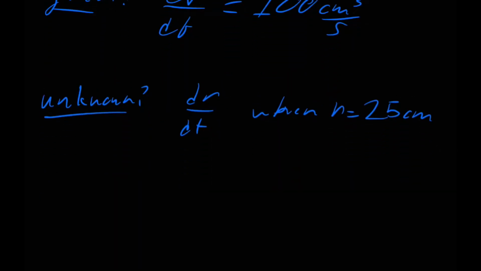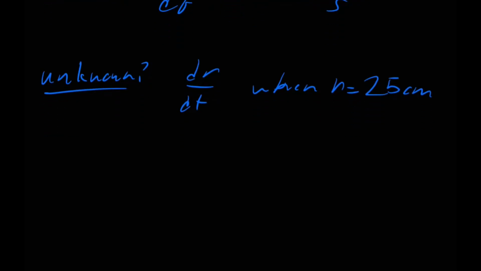Now, in order to connect these two, we need to relate V to r, right? The whole entire thing of this is related rates. And if we can't relate these two points together, then, well, we're at an impasse. So let's real quick find a way to do that. Well, what's the easiest way? We know we're working with a sphere, and we know we're working with volume and radius. Those two things should almost immediately jump out at you.